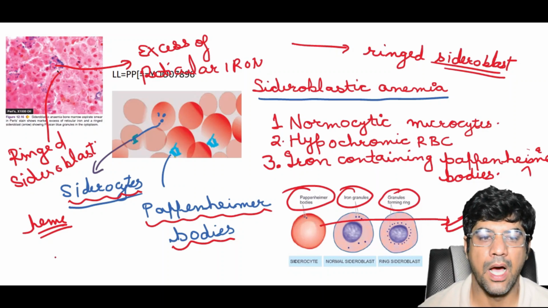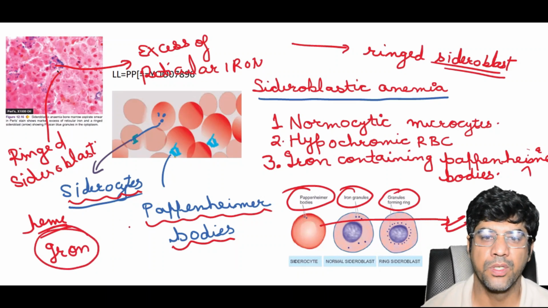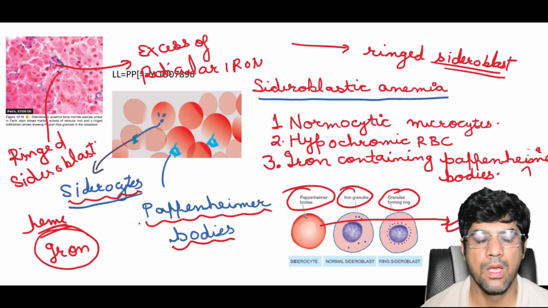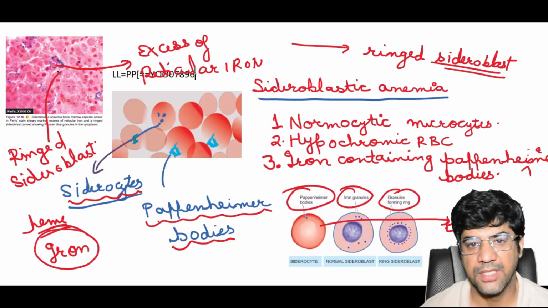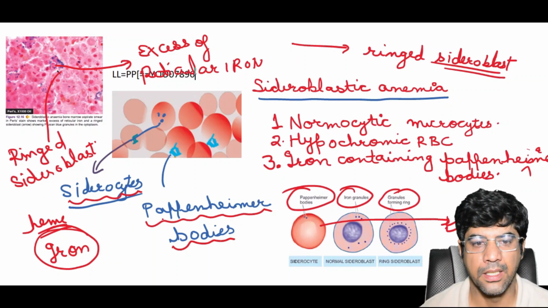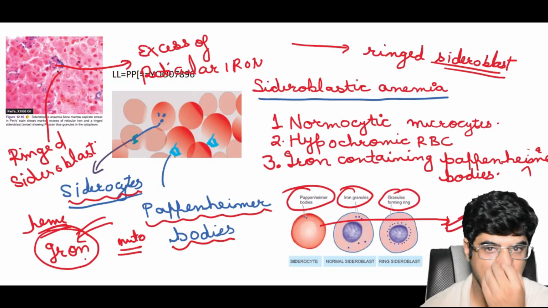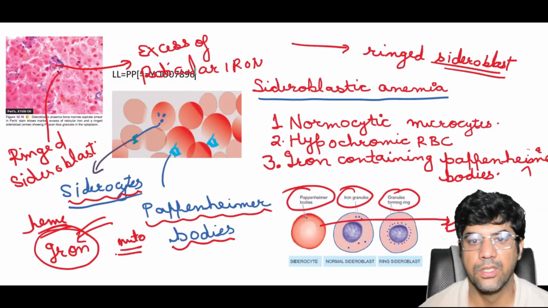Remember, iron is transported into the mitochondria as part of heme synthesis. But in sideroblastic anemia, this iron accumulates within the mitochondria because it cannot be incorporated into heme molecules.